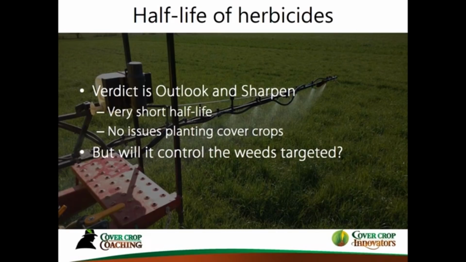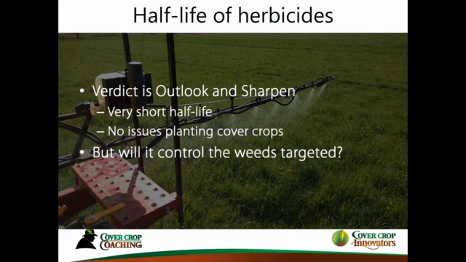So there's very little time. So a herbicide like Verdict has a very short half-life, literally in a matter of days, a week or two, to the point where it's not going to affect a cover crop. That is one reason why Verdict is a favored herbicide to be used in interseeding.